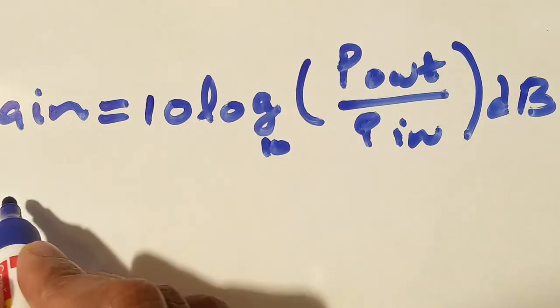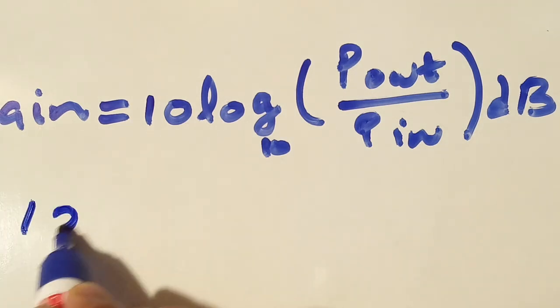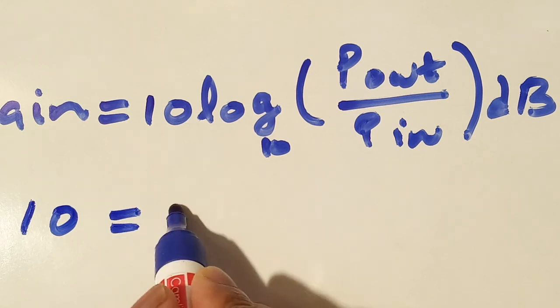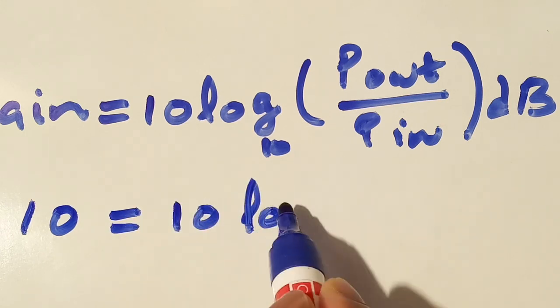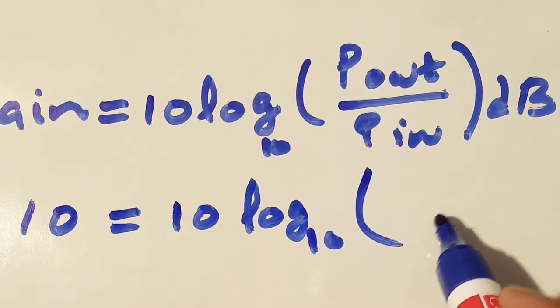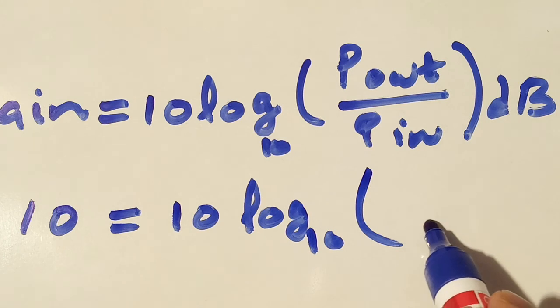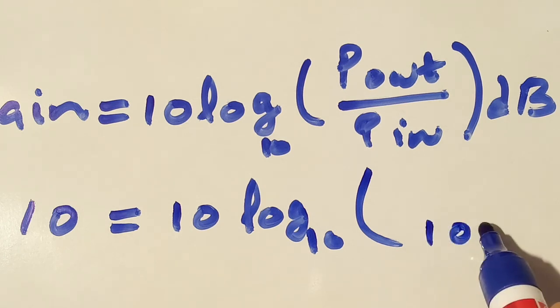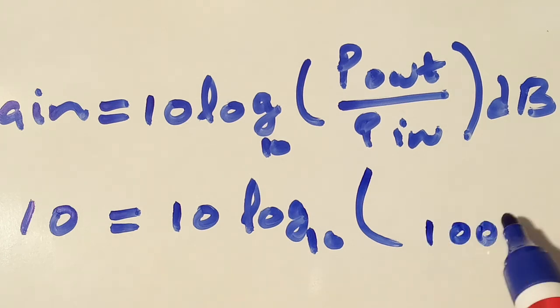Now in our question, the gain he has given us is 10 dB, and the power in he has given us is 100 milliwatt.